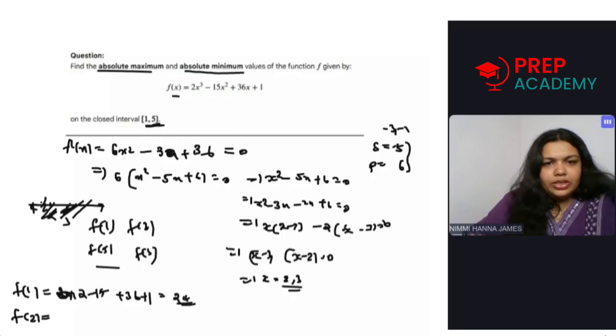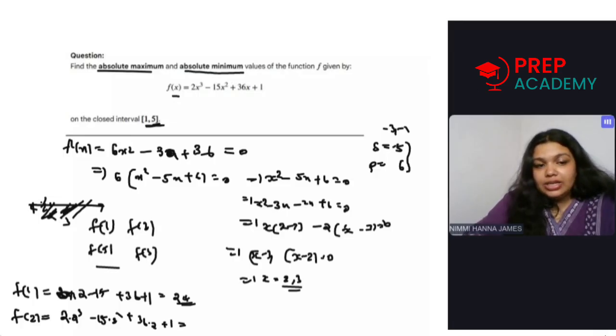Then f of 2 is 2 into 2 cube, minus 15 into 2 square, plus 36 into 2, plus 1. So 2 cube is 2 2s are 4, 2s are 8, 2s are 16. 16 minus 15 into 2 square, 15 into 4 is 60.